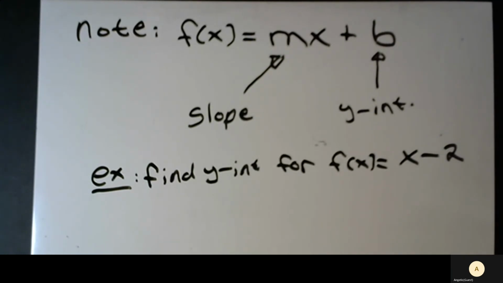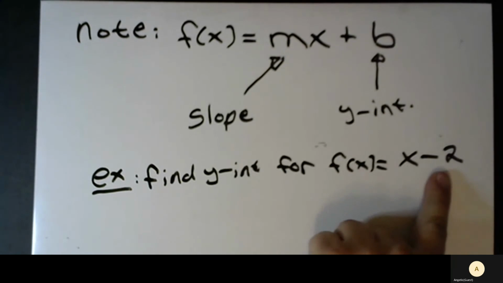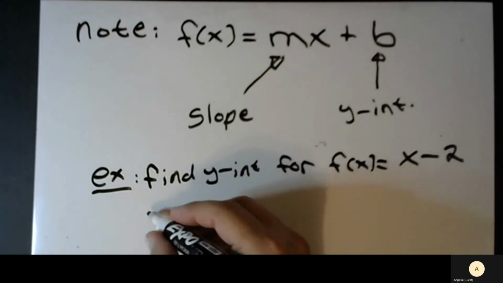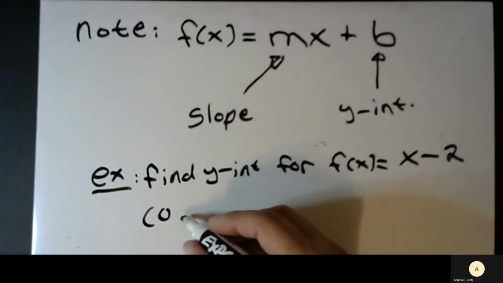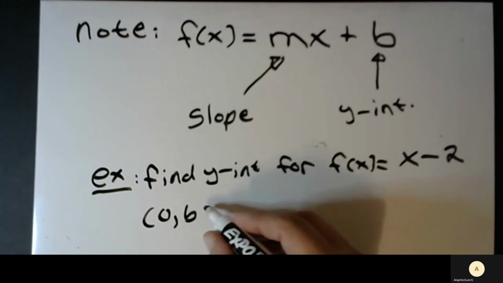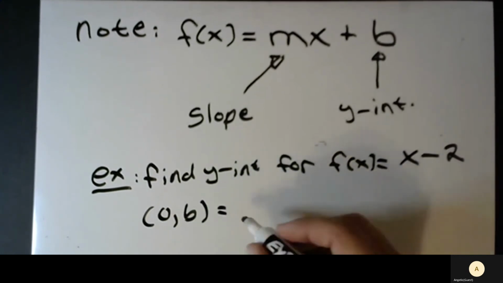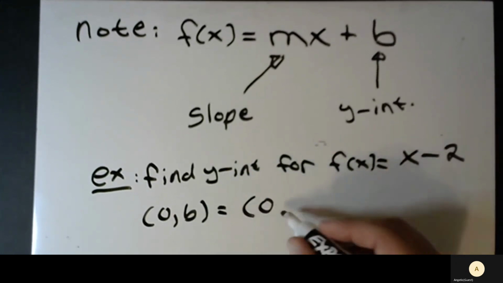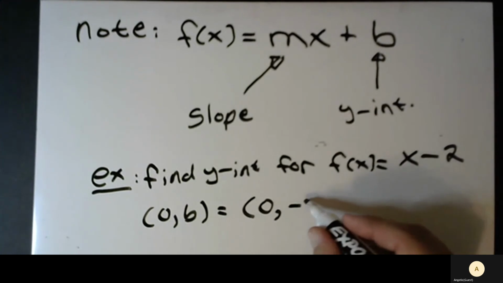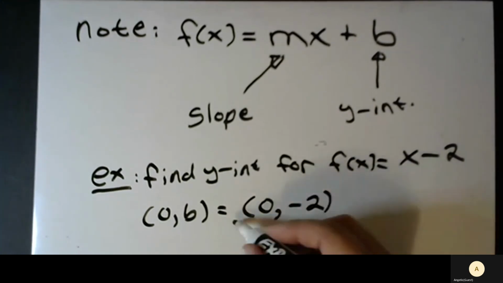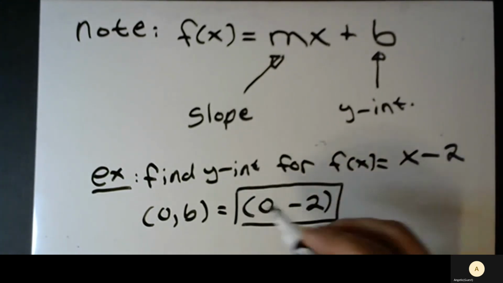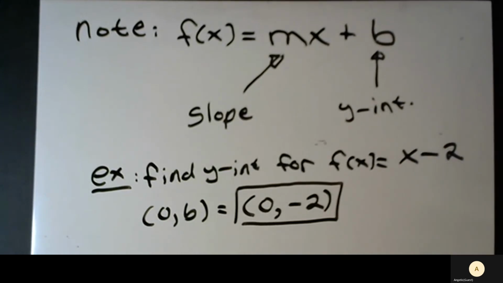So once again, this number is going to give us our y-intercept, and it's going to keep the sign with it. So 0, b will be 0, comma, -2. It'll keep that minus sign. So questions about that?